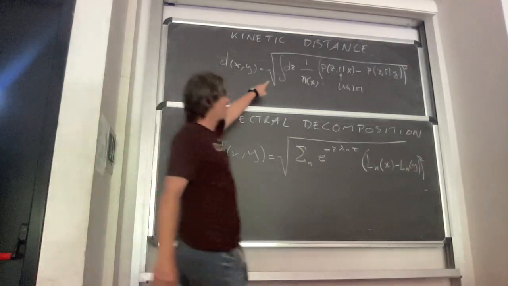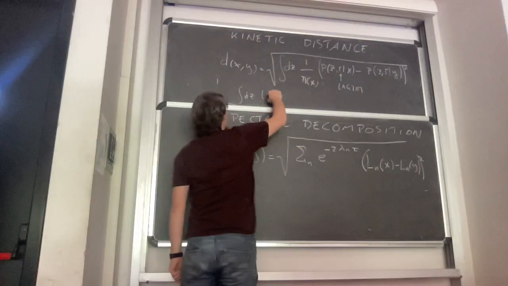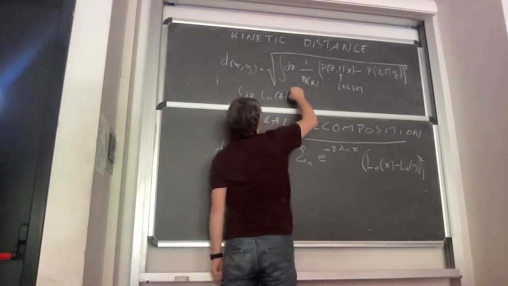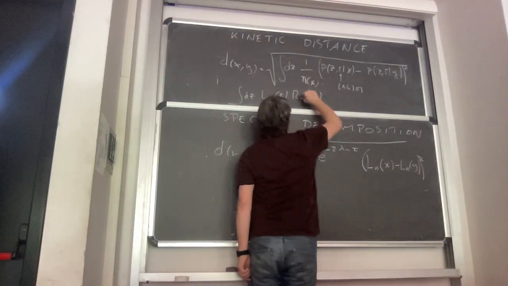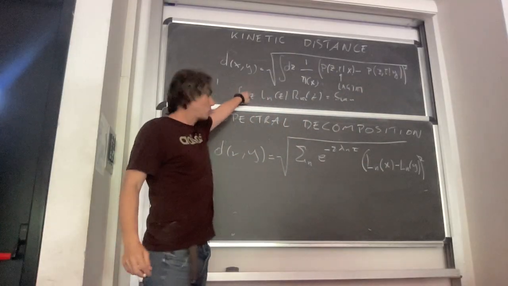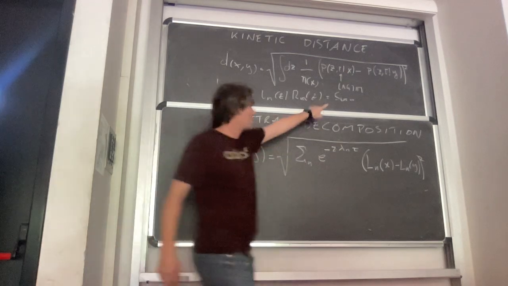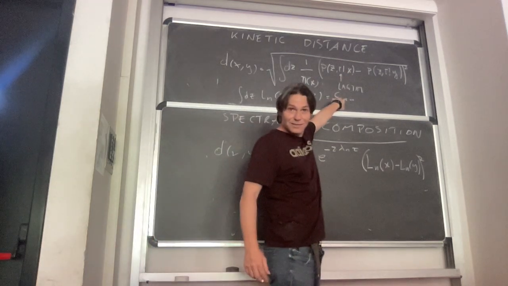The integral has disappeared because the integral of left of n of z, right of m of z equals delta m n, right? That's why you don't get the integral here, and that's why you won't get the second sum here, because this kills it, okay?